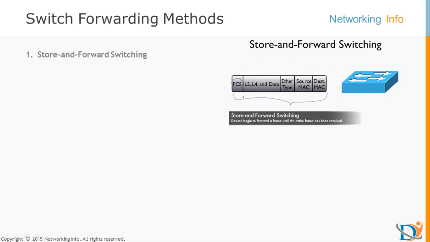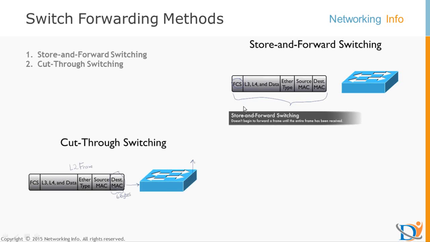Now the next one is cut through switching. Mostly this type of switching method is used in core layer devices where we have a huge amount of traffic. This is brilliant and very fast, but there is no error free guarantee, because it reads only the destination MAC address of the frame.